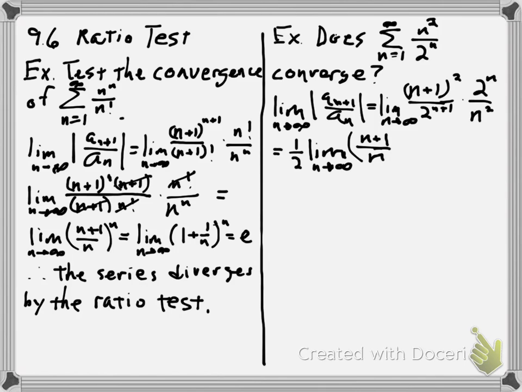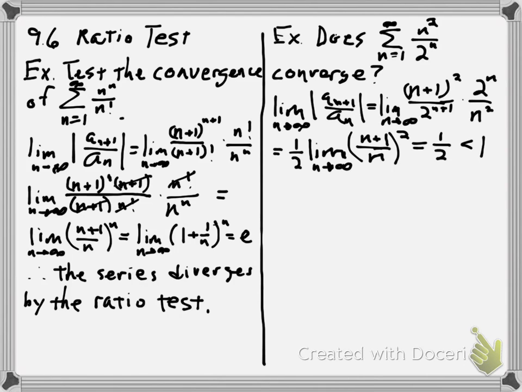We can group it squared like this, and basically determine the limit of the n plus 1 over n that's in parentheses. And of course, as n goes to infinity, we have just the ratio of the n terms in the numerator and the denominator. This is 1, and 1 squared is 1.